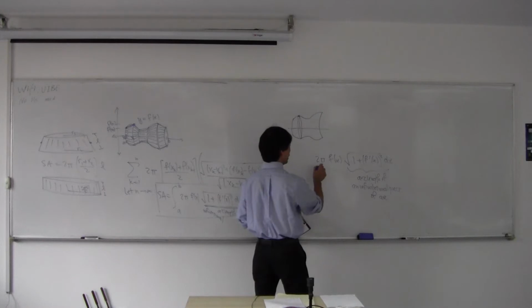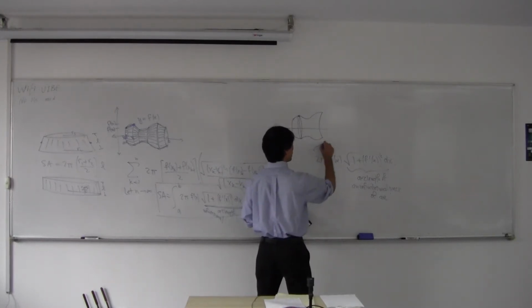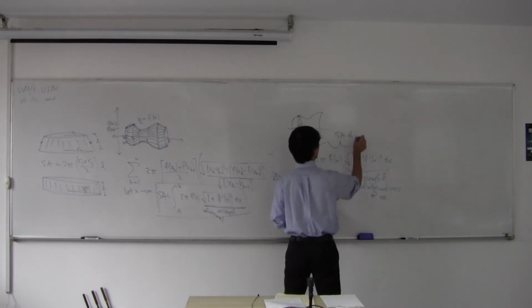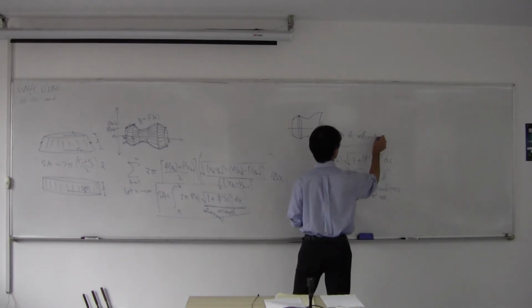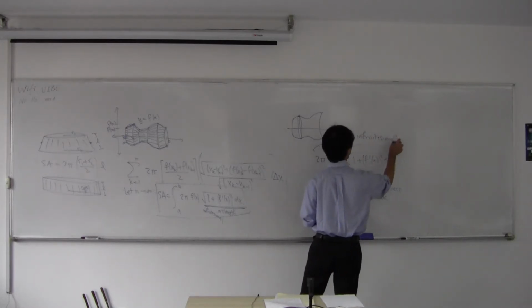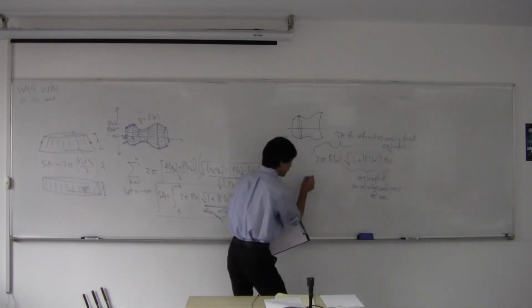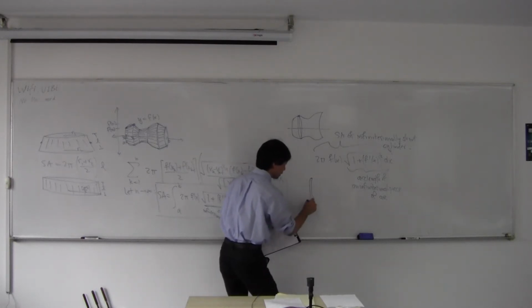Then you multiply that by 2 pi f of x, and that gives you the surface area of an infinitesimally short cylinder. You've taken this tiny little piece and rotated it around, and you get this cylinder.